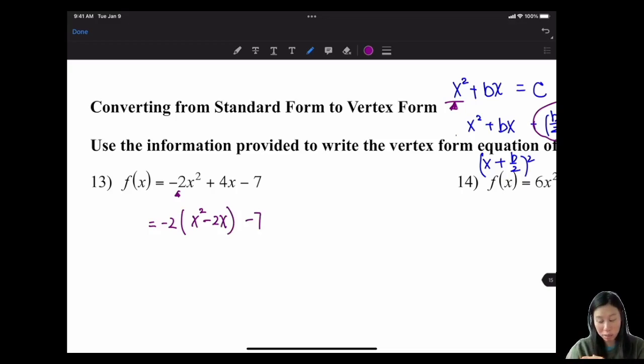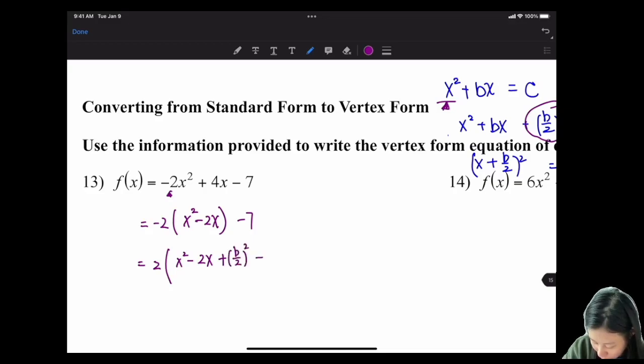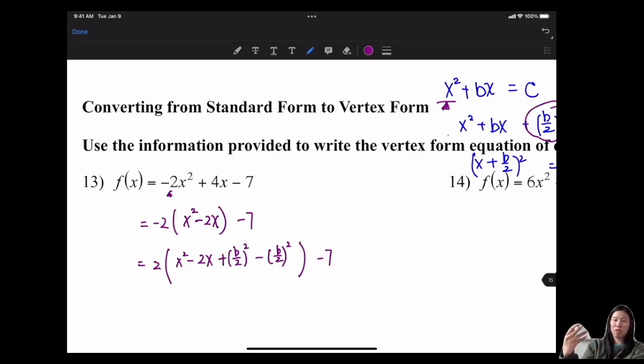In order to complete the square, we need to add (b/2) squared. So I have -2 times (x squared minus 2x, add (b/2) squared, and then minus (b/2) squared), minus 7. So why do we need to add something and subtract something?